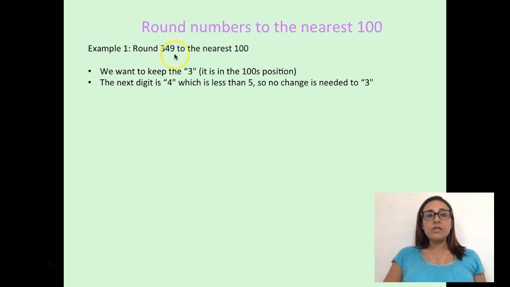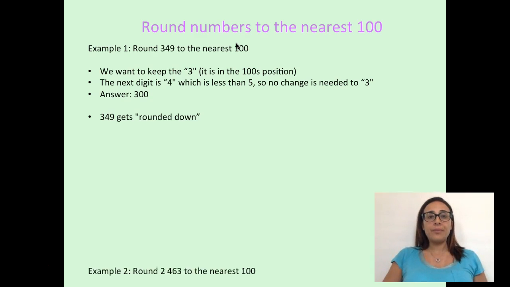The next digit is 4, which is less than 5, so no change is needed to the 3. But these numbers, the 4 and the 9, need to get replaced with a 0. So our answer is 300. This number, 349, gets rounded down because 300 is smaller than the original number, which was 349.